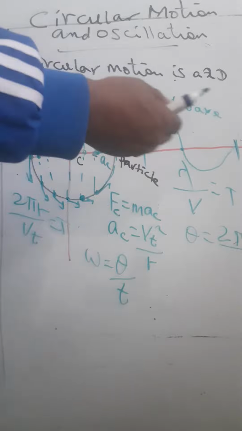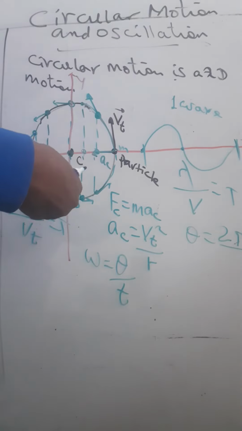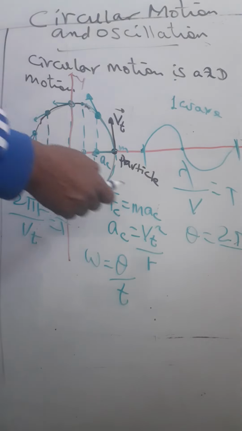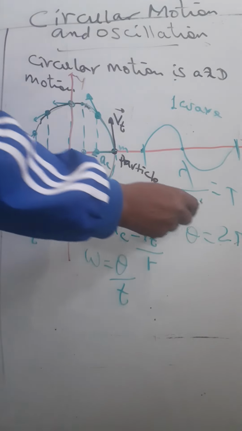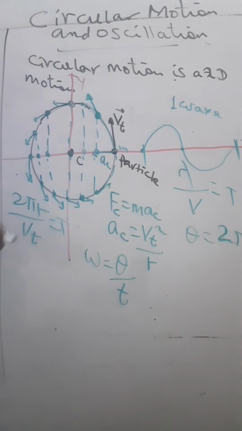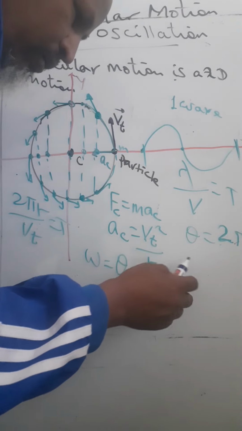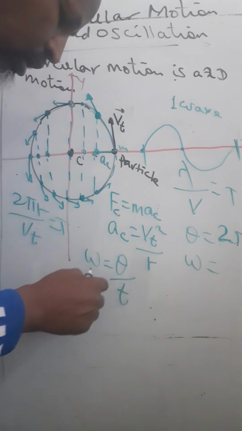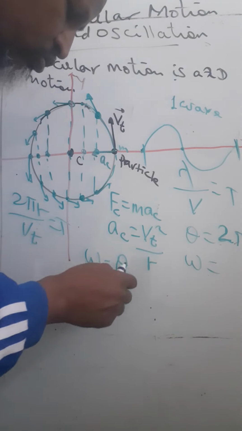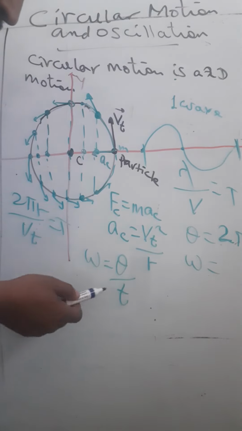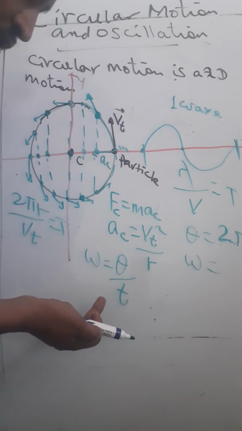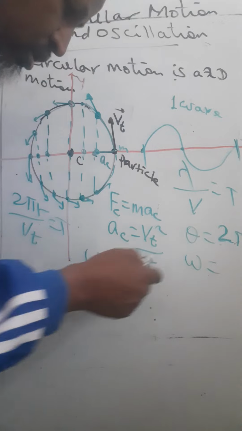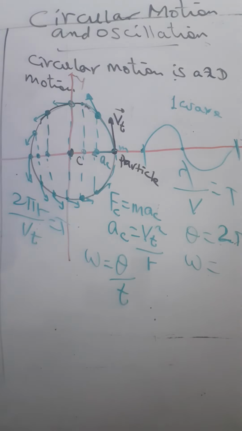Whenever you take arc length and divide by r, it is going to be theta. Then theta for one complete circulation is 2 pi. Now omega is going to be theta over t. Theta is 2 pi, and we know that times r is going to be arc length or translational distance.